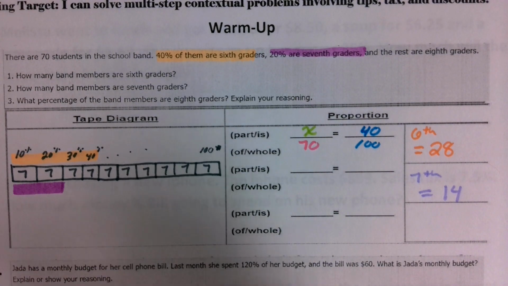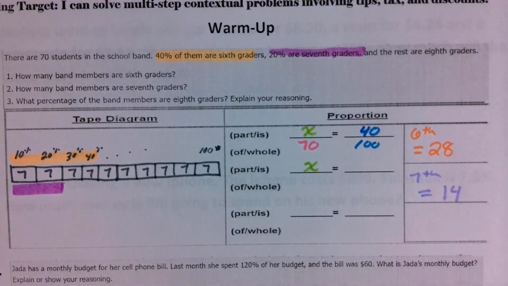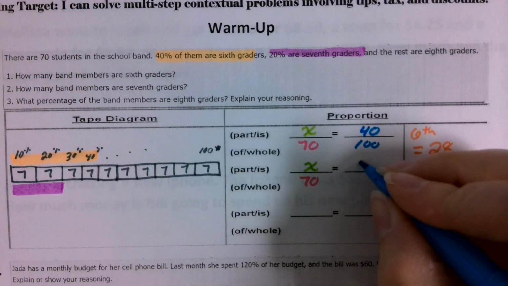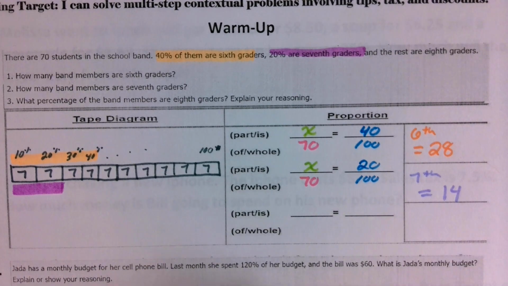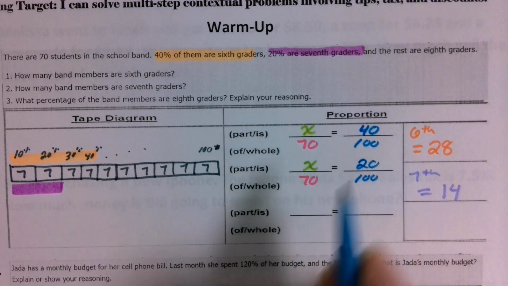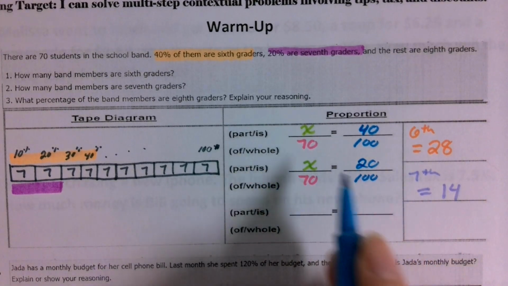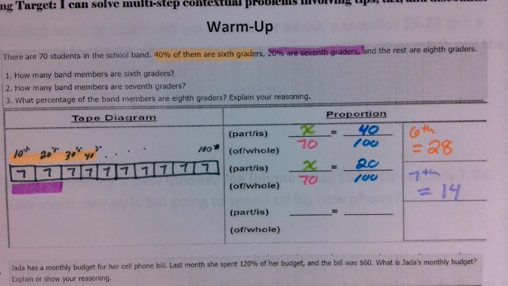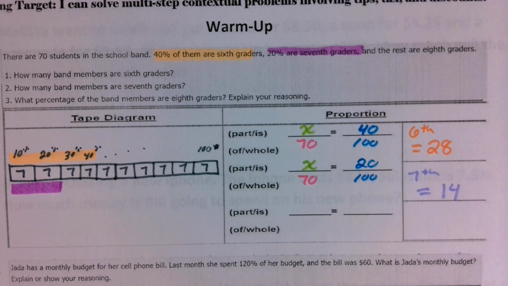In this case, the proportion would be x over 70 is equal to 20 over 100. If I do 70 times 20, I'm going to get 1400. Divide that by 100, and I'm going to get the 14. So again, either way, it works.